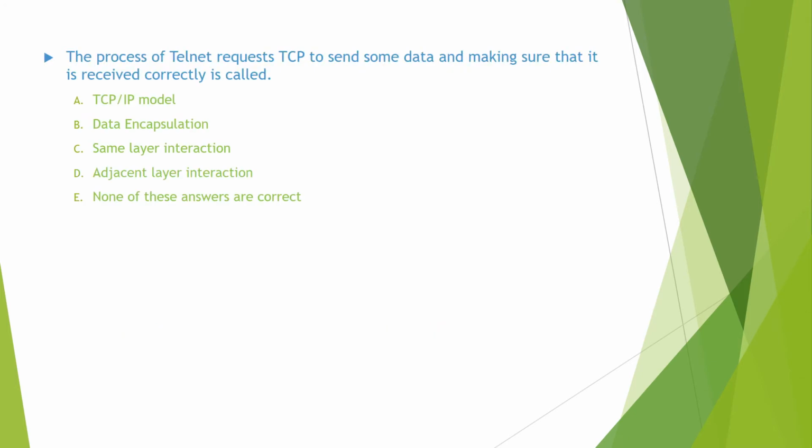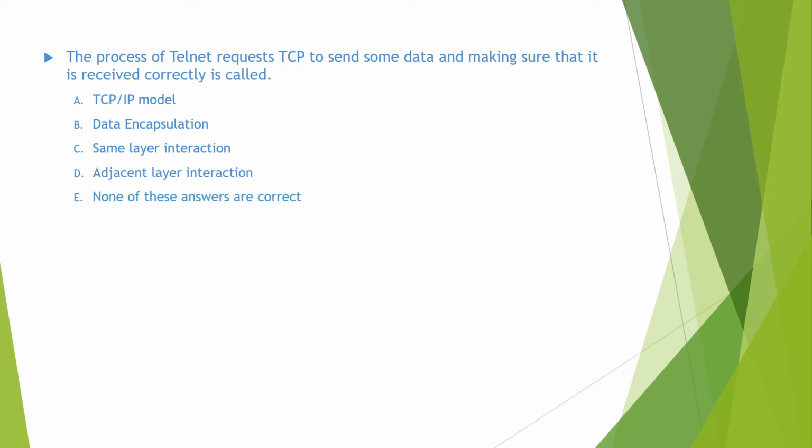The process of Telnet requests TCP to send some data and making sure it is received correctly is called: TCP/IP model, data encapsulation, same layer interaction, adjacent layer interaction, none of these answers are correct.